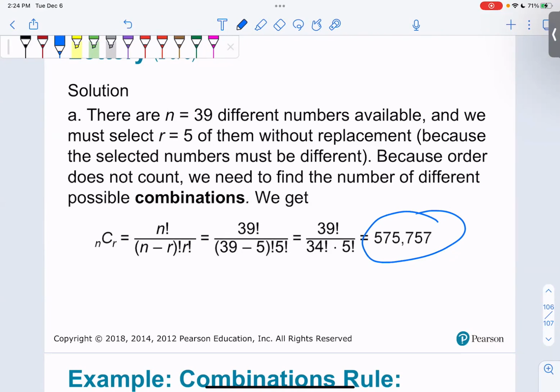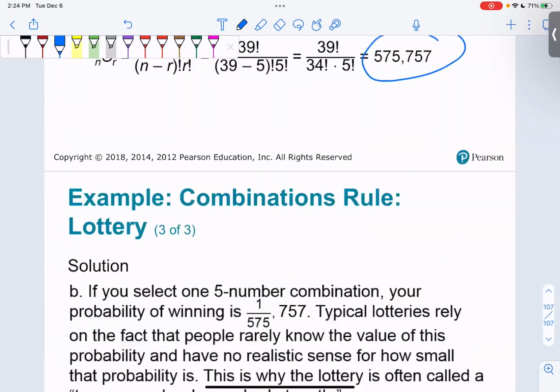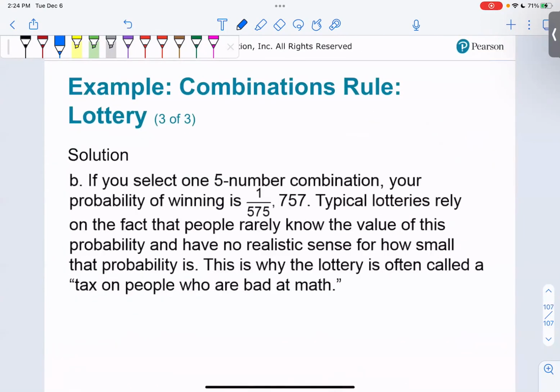So you have all those choices, but out of all those combinations, only one combination is correct, where you will win the lottery. So it will be 1 out of this number. So if you select one 5-number combination, your probability of winning is just 1 divided by the whole number of selections.